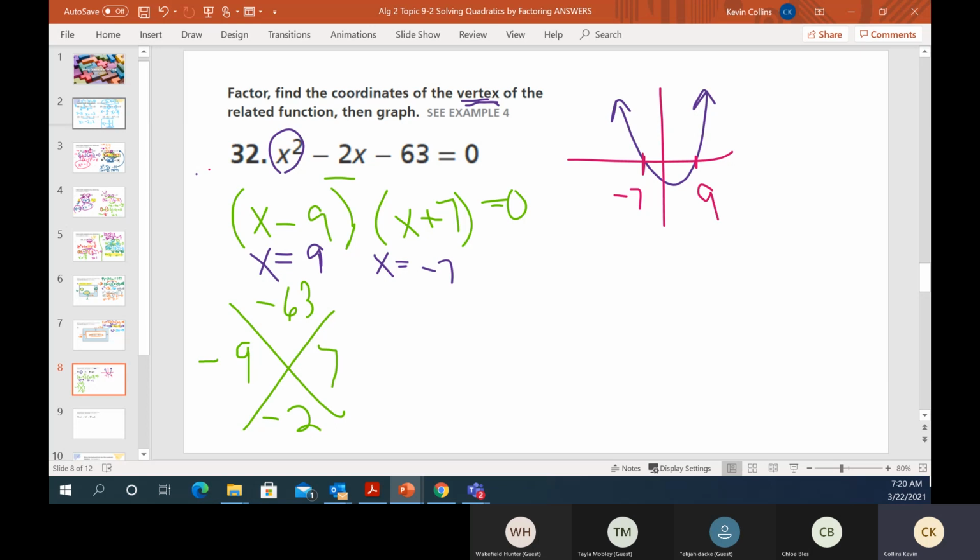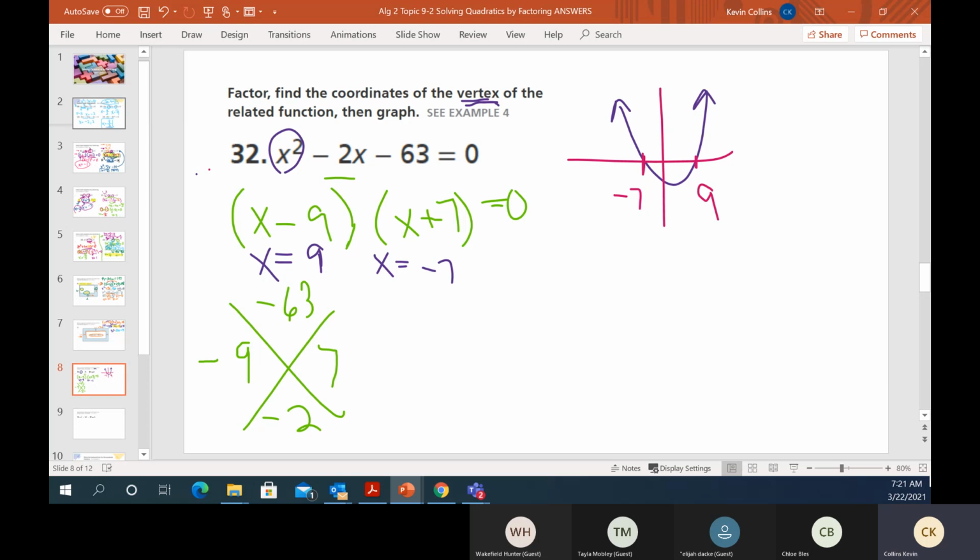So we could put this thing into vertex form, but honestly, that's kind of a pain. Let's just put it on the table. Okay, so here's a neat little hack for you. Remember that parabolas, these x squared graphs, are extremely symmetrical.